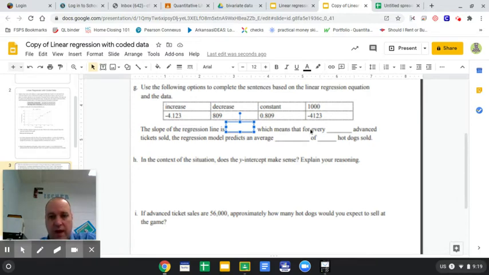0.809, which means that for every 1,000 advanced tickets sold, because it says it's for every 1,000, the regression model predicts an average. Now, is it an increase or a decrease? It was going up, so increase of hot dogs of 809 hot dogs sold.